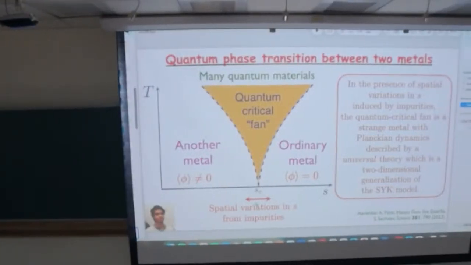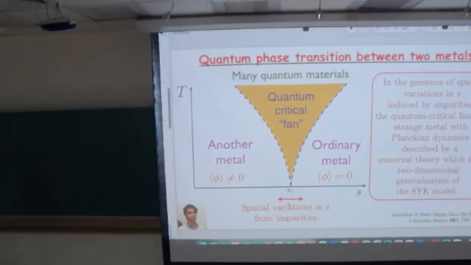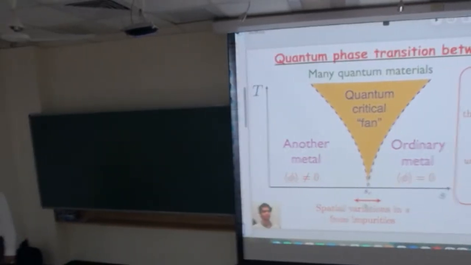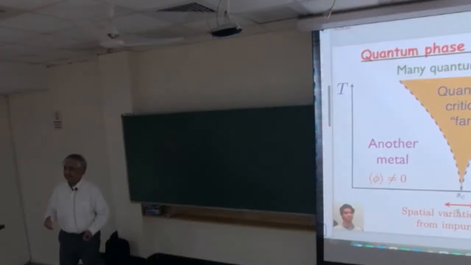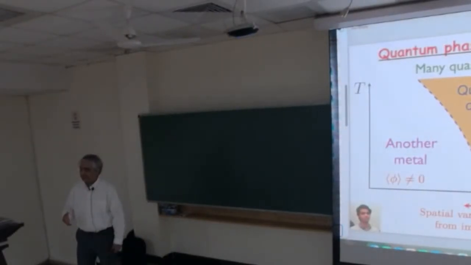I think the reason this is subtle is that people had assumed that drag effects are extremely weak in metals. Now that's true, and the reason it's true is that electron-electron scattering is weak, or electron-phonon scattering is weak, and so you can really think of the electron and the phonon as independent degrees of freedom.